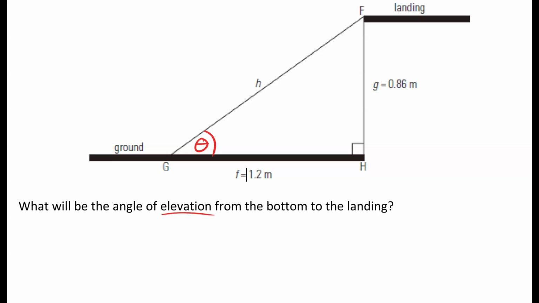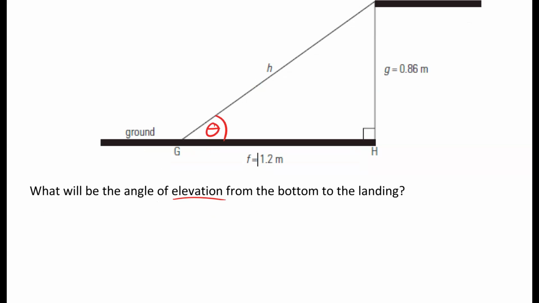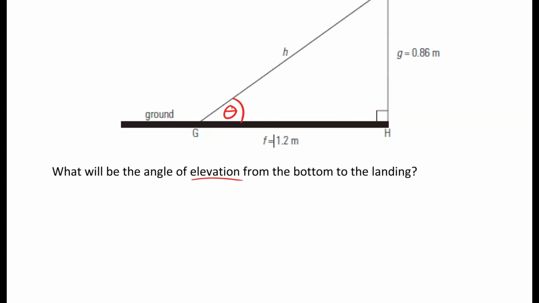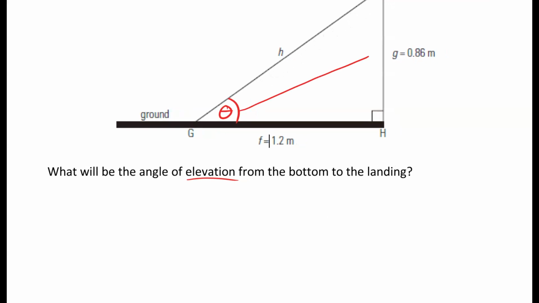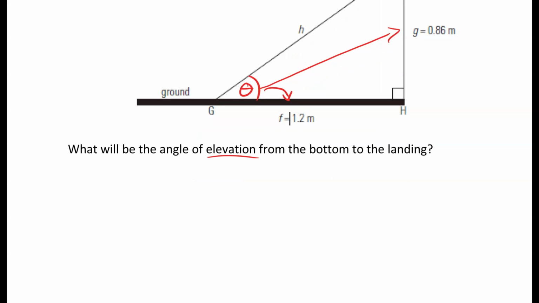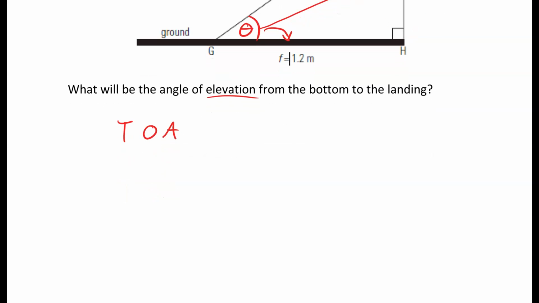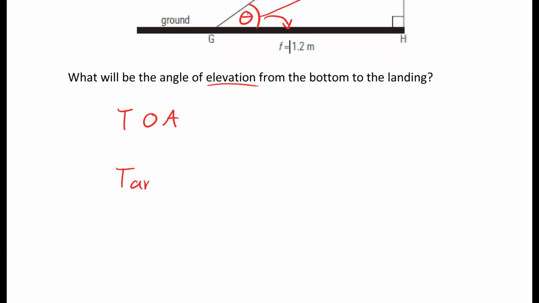Remember, we want elevation, so the angle is going up. We have our opposite and our adjacent, because the hypotenuse is across from the 90 degrees. So we're going to be working with tan. tan theta equals opposite over adjacent.